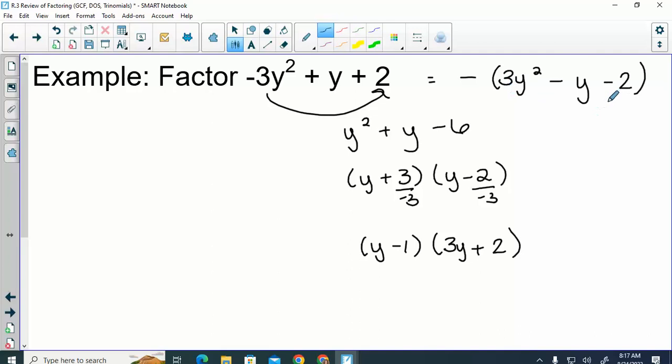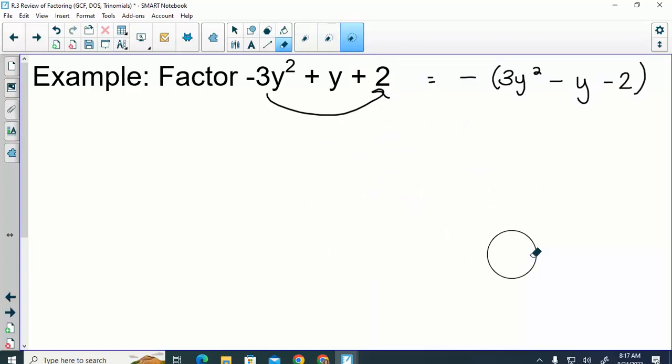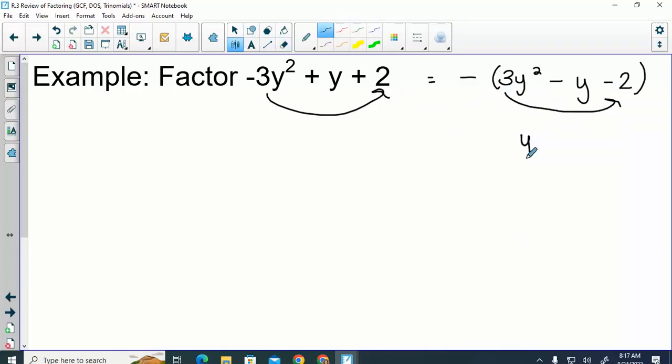At that point, if we do the slip and slide, it's only going to change some signs on things. So I'm going to rework it. You guys can just fix the signs on yours. You don't have to redo the whole thing, but I want to explain it as I go. So if I did my slip and slide, that's my y squared minus y minus 6.